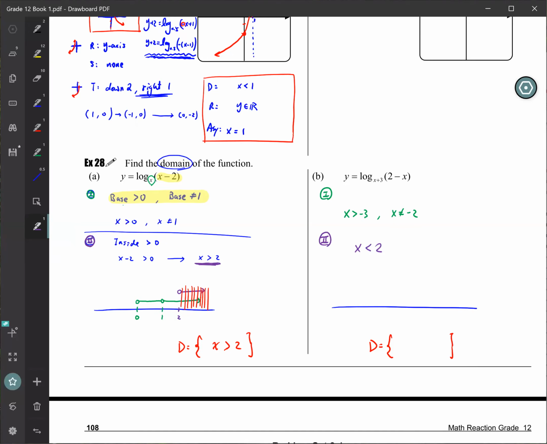Not 2 lines, 1 line. And the purple one is another line. Okay, please raise your hand if you got the final answer. Negative 3, we have negative 2, we have the 2 for the purple.